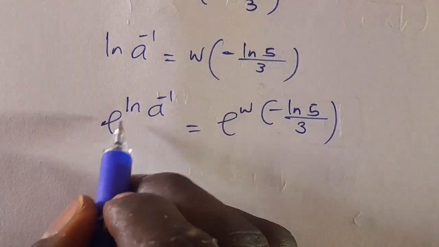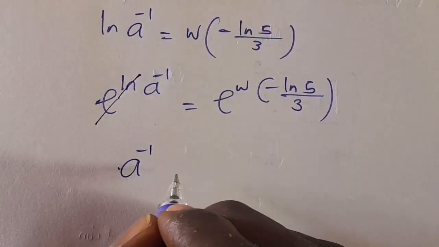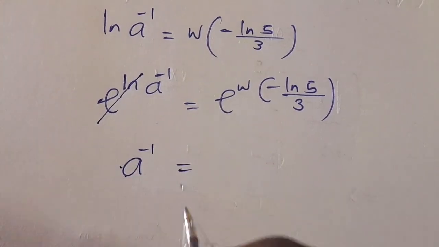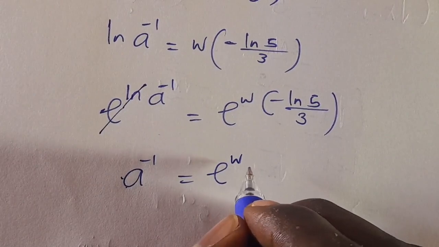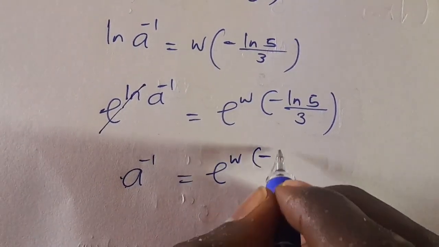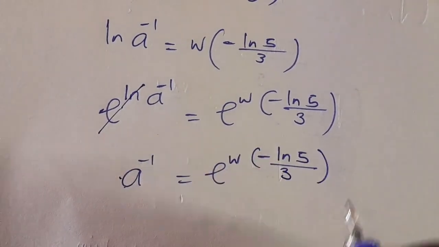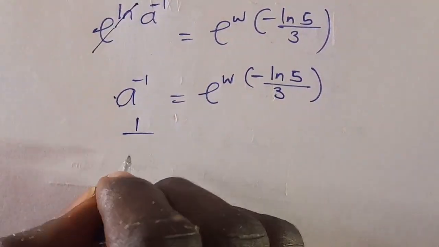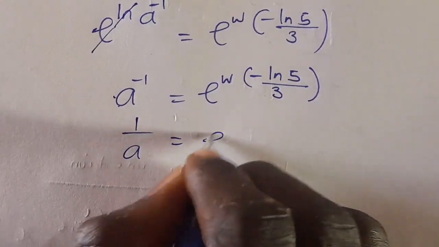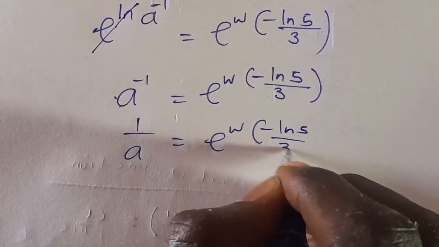Now, this one will normally cancel this. We have A to the power of minus 1 equals e to the power of W Lambert function of minus ln 5 divided by 3. Then from here, we have 1 divided by A equals e to the power of minus ln 5 divided by 3.